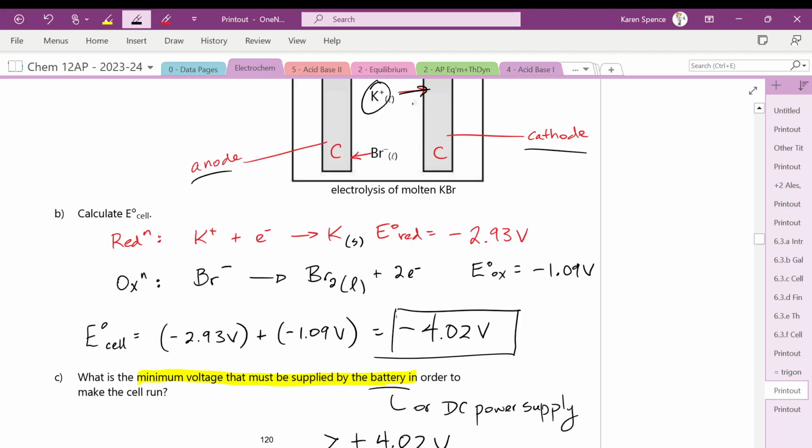So positive 4.03 volts would be good. Technically, if you go anything over that, it's going to go. Okay? If you put in 4.02, I think it'll just stay there. I don't know. I've never actually tried it.